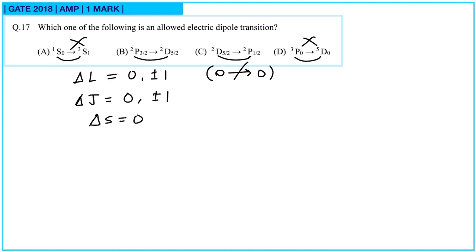Then here we have 3 by 2 to 5 by 2, so delta J is plus 1. Here 5 by 2 to 1 by 2, so delta J is 2, so this is not possible. So B. In spectral term notation, this is 2S plus 1 L J. So S should not change, this should be same, and L can change by 1 and J can change by 1 or 0.